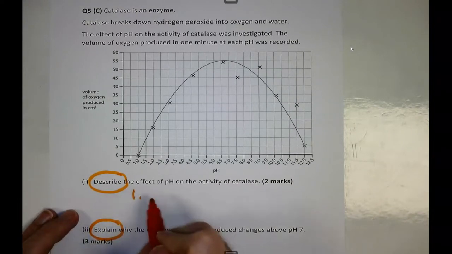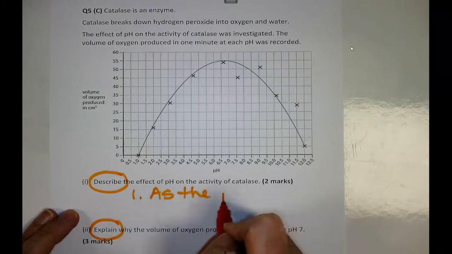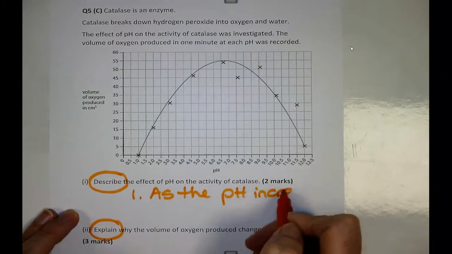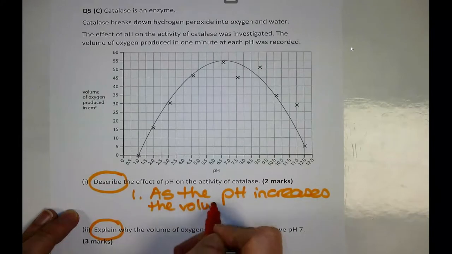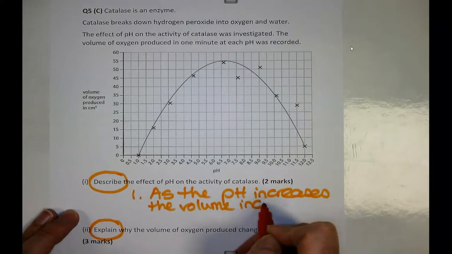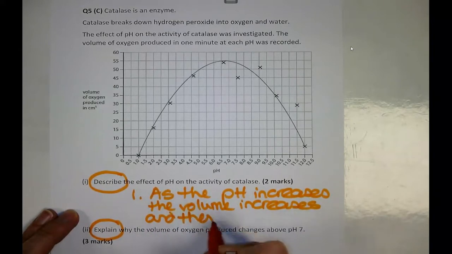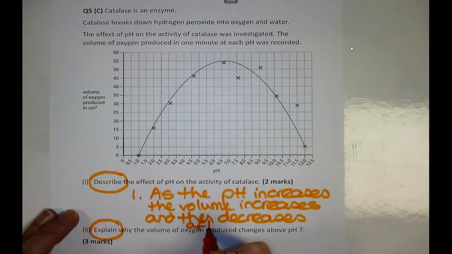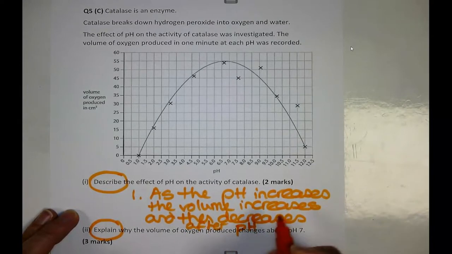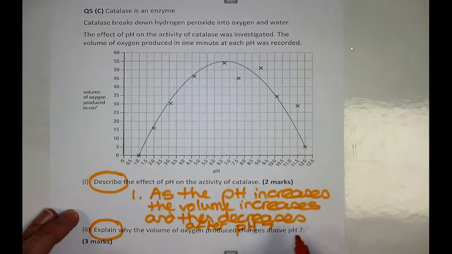So for here, describe the effect, you're actually looking at the graph, and you'd write, as the pH increases, the volume increases and then decreases after pH. Where is it going to start decreasing? It's about pH 7, isn't it?